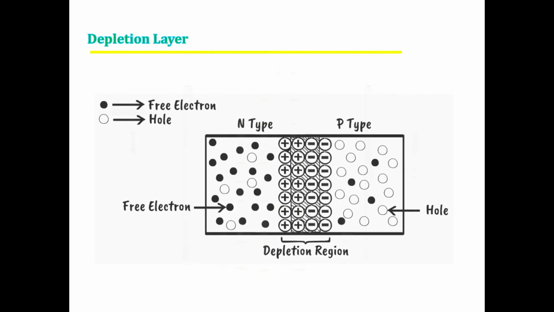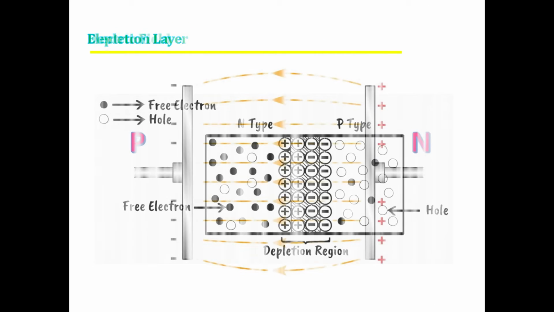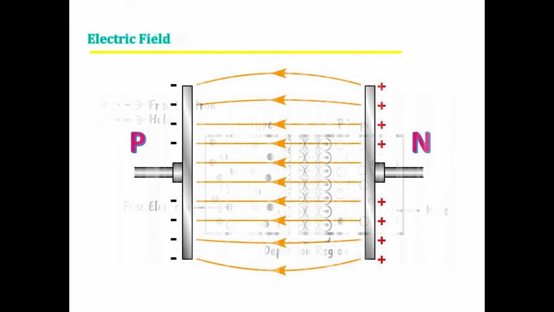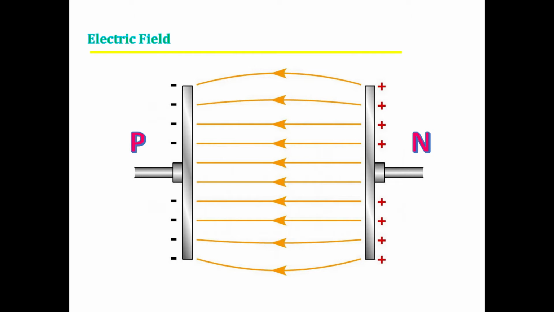The depletion layer will hold the immobile charges, and on either side there is a wall. The wall of the N region is positively charged as it has lost electrons, and the wall of the P region is negatively charged as it has gained electrons. Because of this, an electric field is set up as shown in the figure.